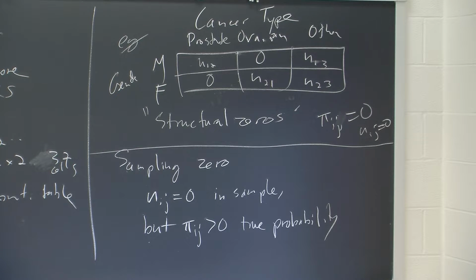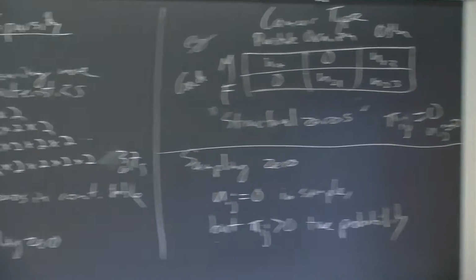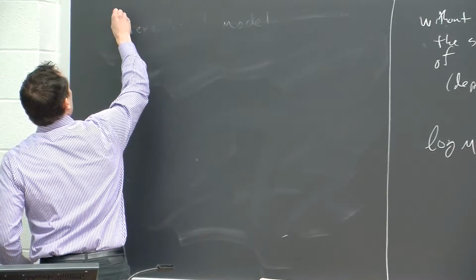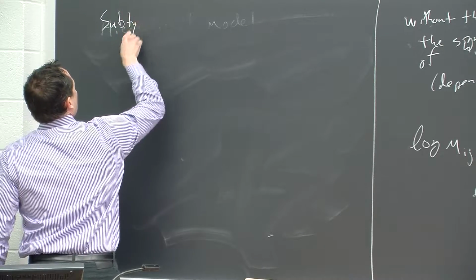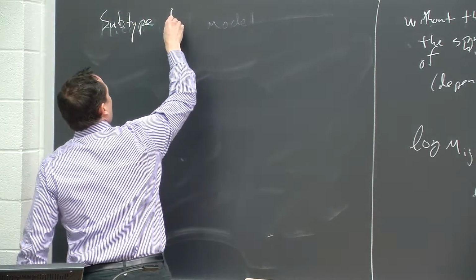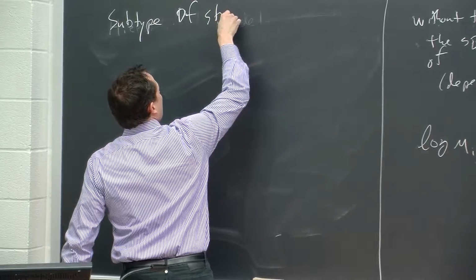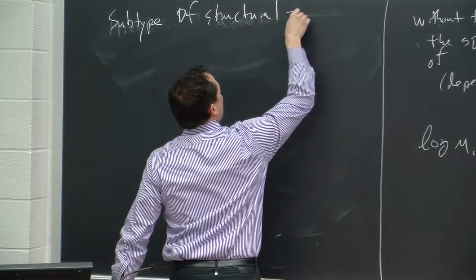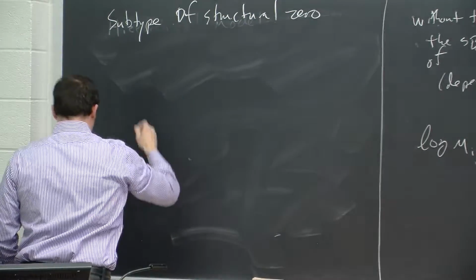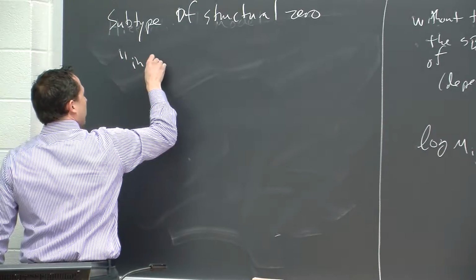A particular way where these structural zeros can appear is something called incomplete classification.